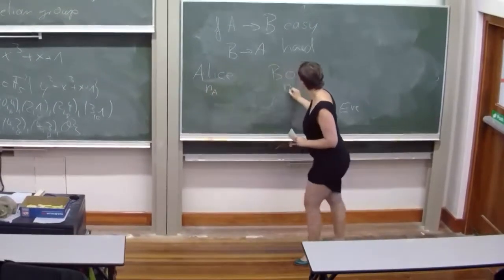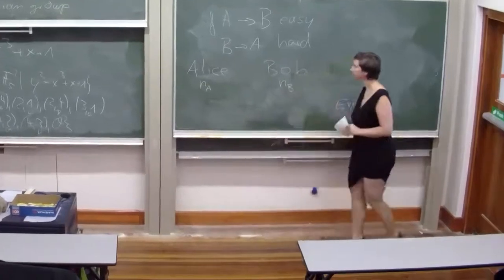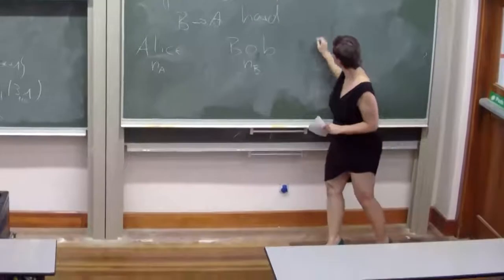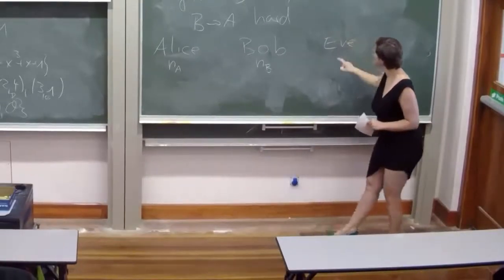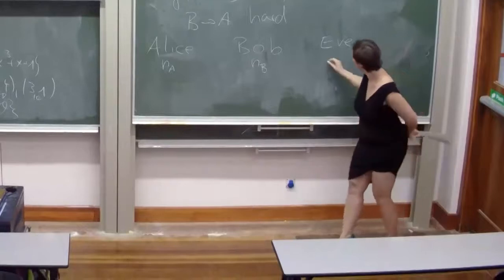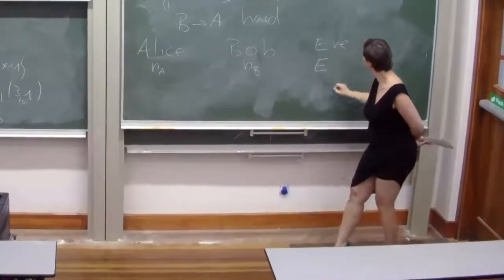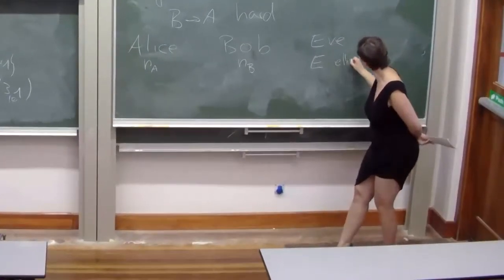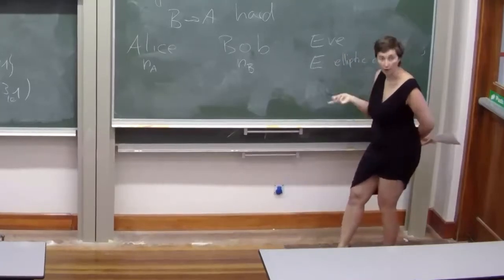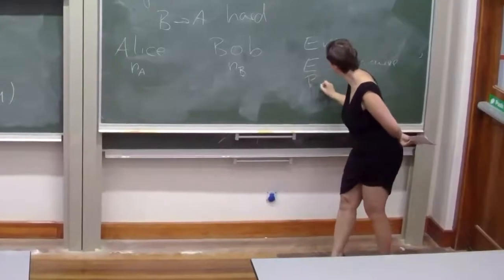So they both have a natural number. Let's call them NA and NB. Let's write here, okay, what Eve knows is the public information. So we have an elliptic curve. We have a point P on that elliptic curve.